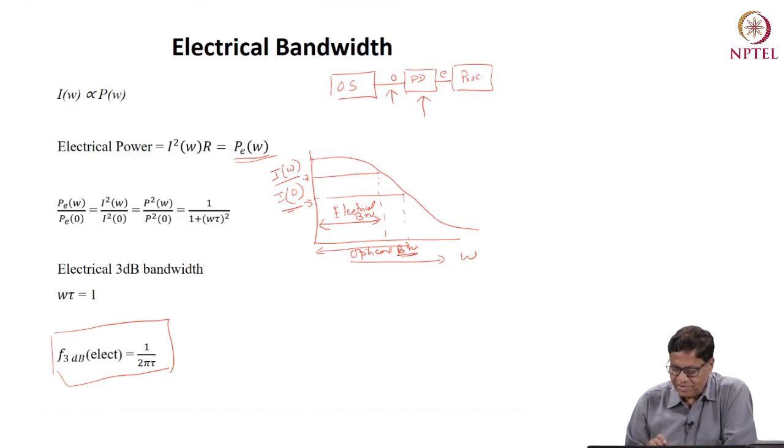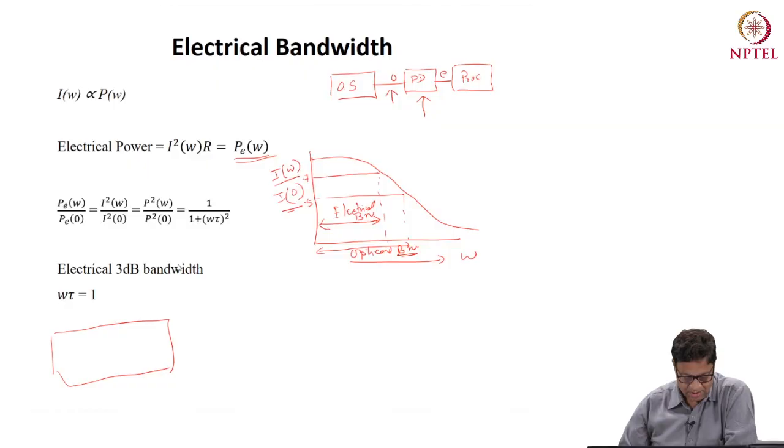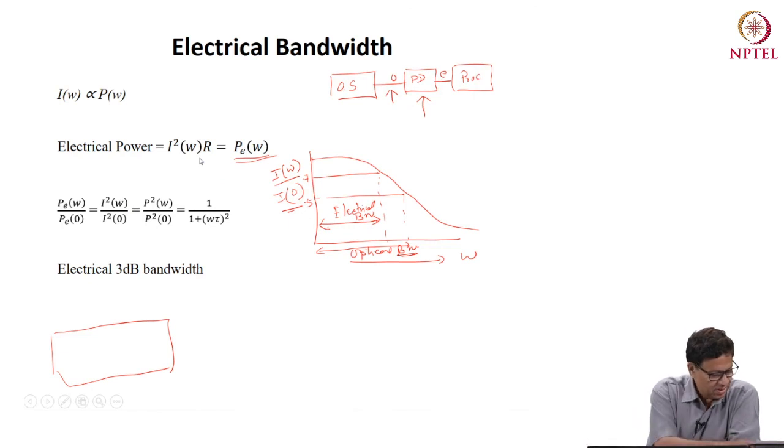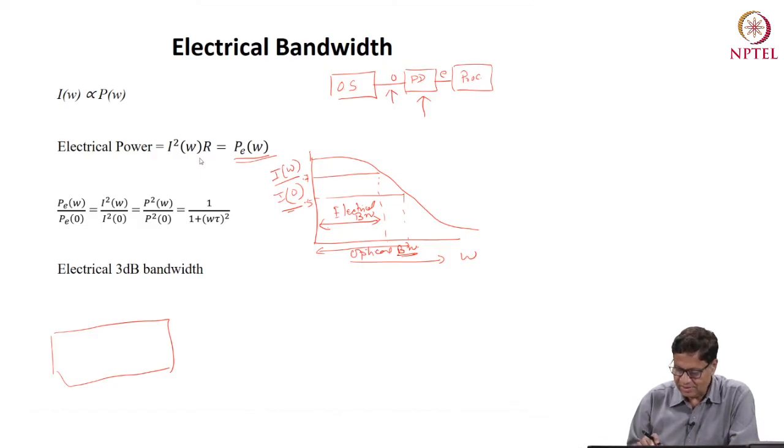So there is a difference between the electrical bandwidth and the optical bandwidth, and this is how they are related. Earlier I had shown you the expression for electrical bandwidth, and similarly for the optical bandwidth, and the difference is shown in this diagram.